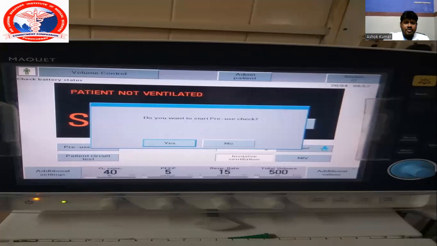Before starting the ventilator, first we want to do the pre-use check for any oxygen leak or any air leak, any pipeline leak. The pre-use check is mandatory for our ventilator before connecting the patient to the ventilator. It is regular.